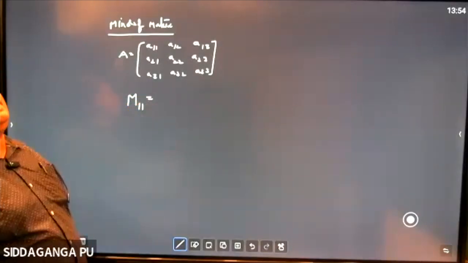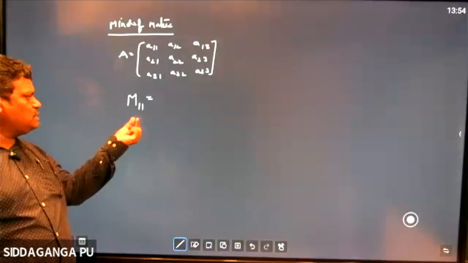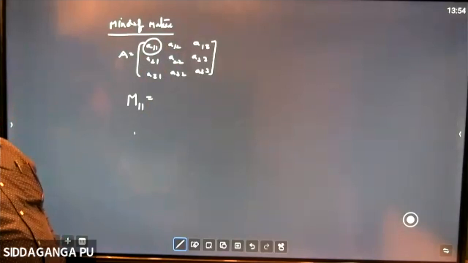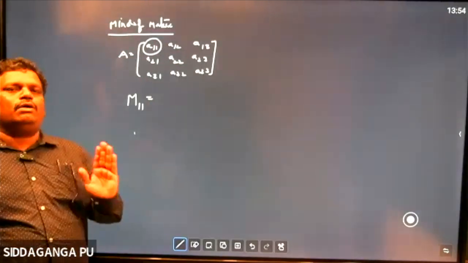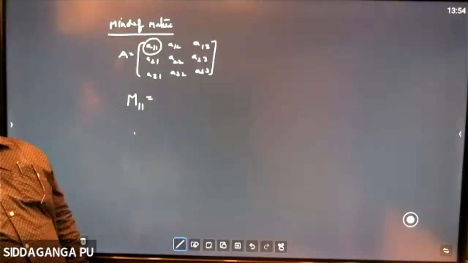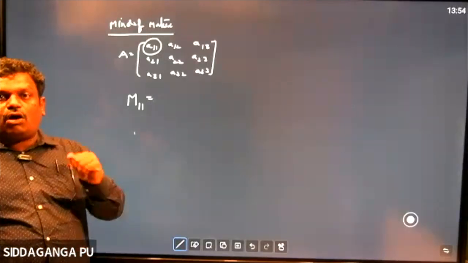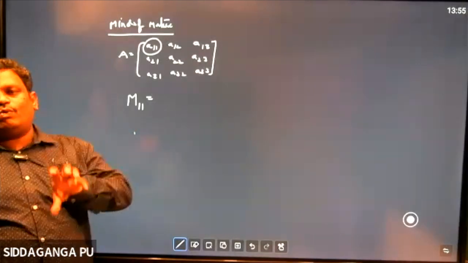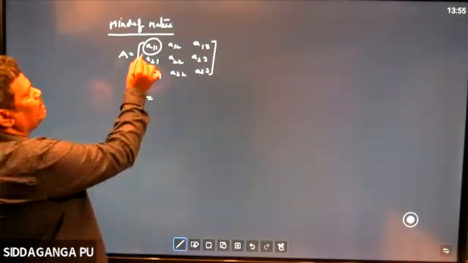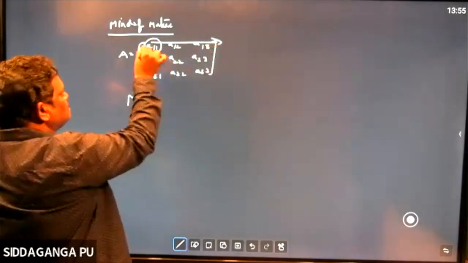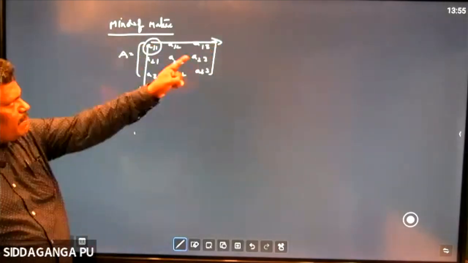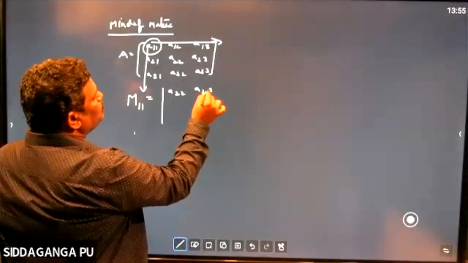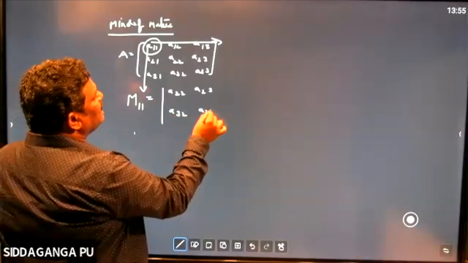Which element does it correspond to? The first row and first column element, which is A11. For the minor of A11, we delete the corresponding row and corresponding column, and take the remaining elements as a 2 by 2 determinant: A22, A23, A32, A33.